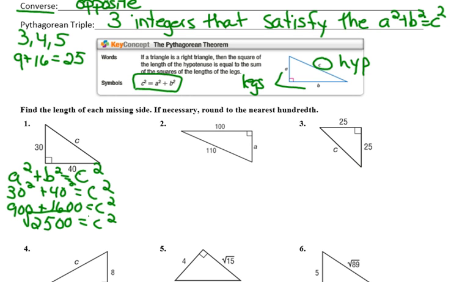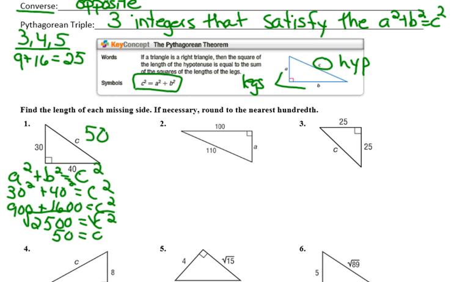And when I take the square root, I'm going to get 50 is C. All right, this is an example of the triple, because when you have a triple, you can take that triple and multiply it by any scale factor and make it bigger or smaller. So this was taking the 3, 4, 5 triangle and multiplying all the sides by 10.